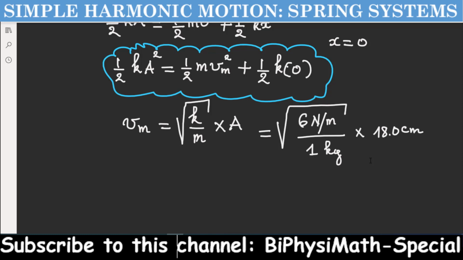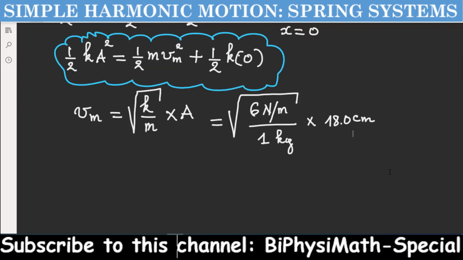We get here. Remember to convert centimeter to meter.